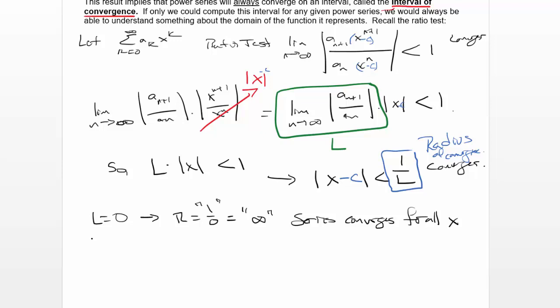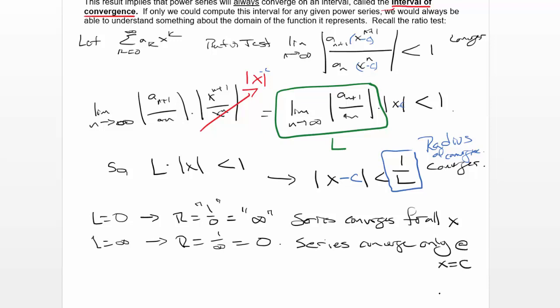I think the other extreme case is that this limit could be infinity, in which case the radius of convergence would be like 1 over infinity, which is 0. This means that the series will only converge at whatever the center is. And then lastly, I think the other condition would be that this limit is not 0, but also not infinity.